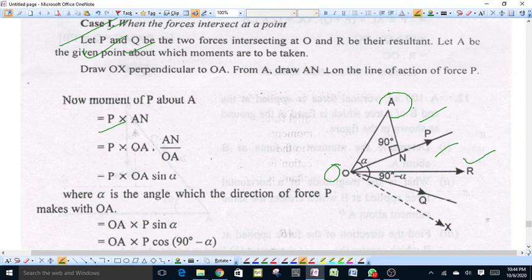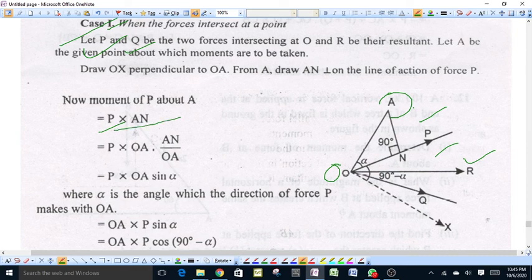From the definition of moment of any force, it is always equal to the magnitude of force into the perpendicular distance from the point about which moments are to be taken on the line of action of the force.